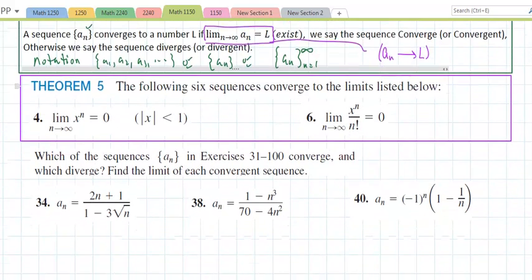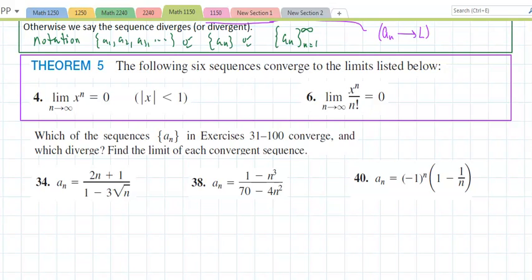I'm looking at Theorem 5 on page 584. It has 6 things. You can look at those. These are the 2 I need. Now, I know if you're dealing with an exponential and the base is less than 1, then it's fine.